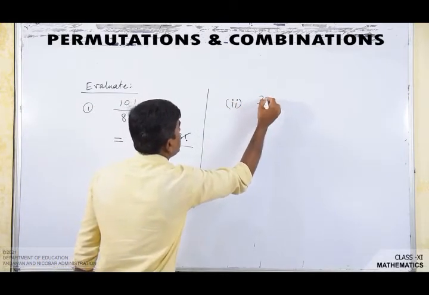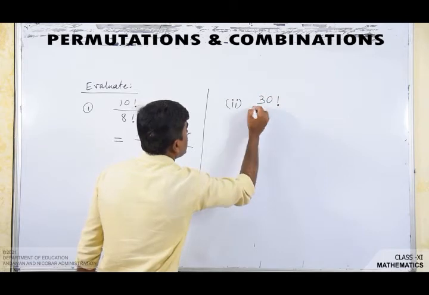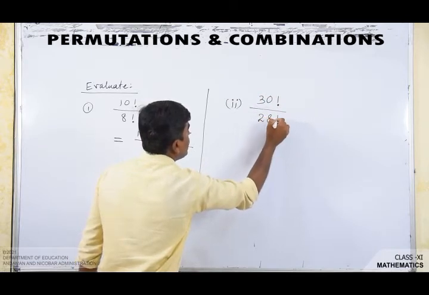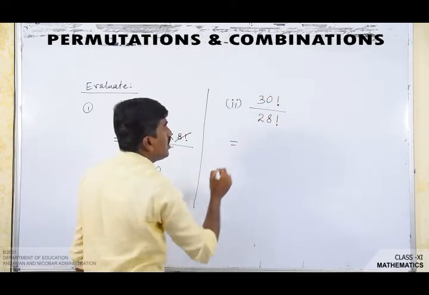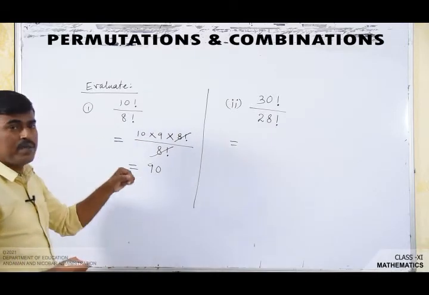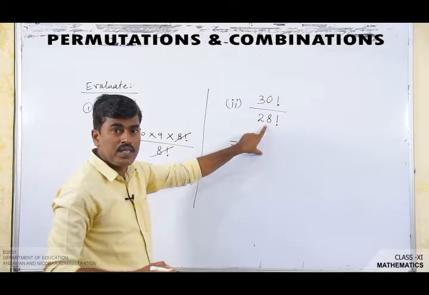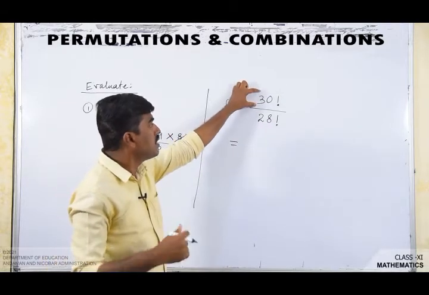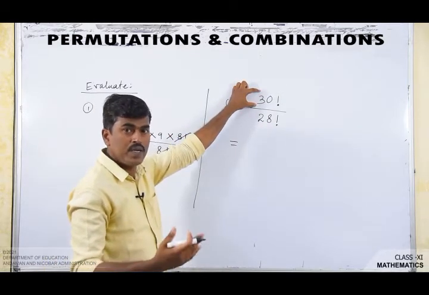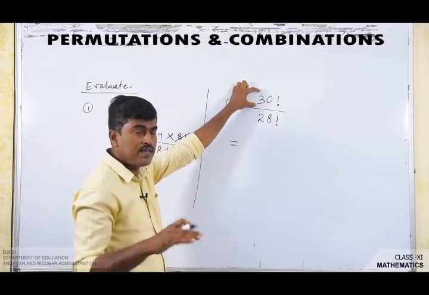Find the value of 30 factorial divided by 28 factorial. Now how to find the value of this? In the same manner, it is 30 factorial divided by 28 factorial. If we write 30 factorial, anywhere we will get 28, so we have to stop at 28.